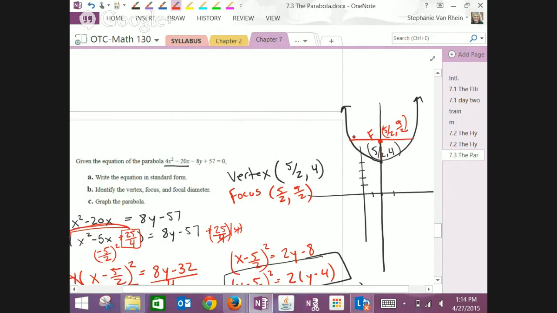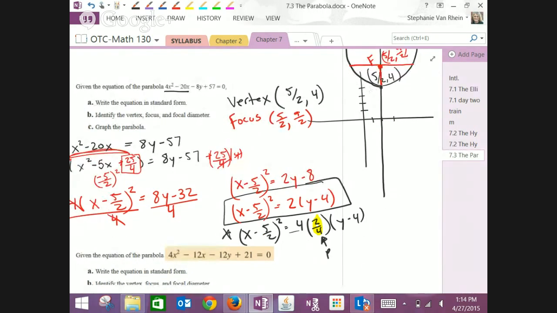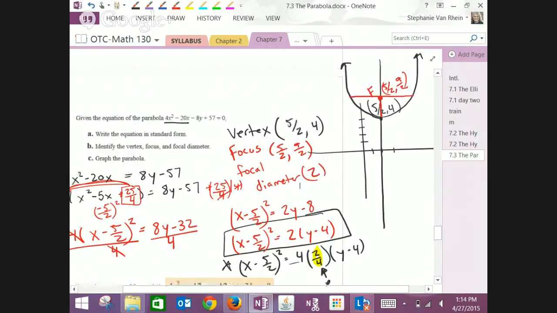Focal diameter is always 4 times p, which in this case is 2/4 times 4, right? 4p. P is 4 over 2, so this would be 2. If I wanted to graph the endpoints, that means I go to the left one and to the right one. Maybe not parentheses here, it's just 2 units.